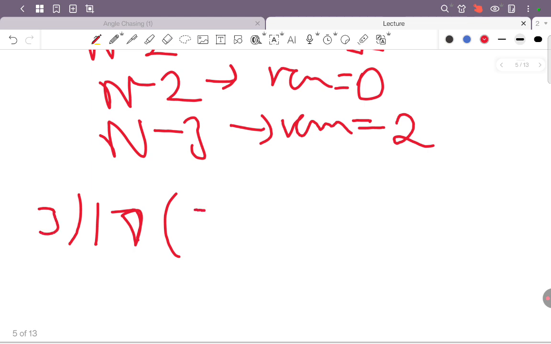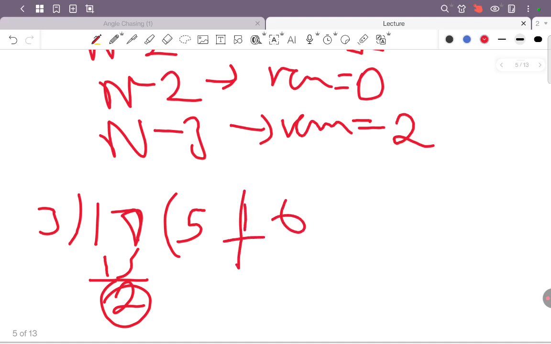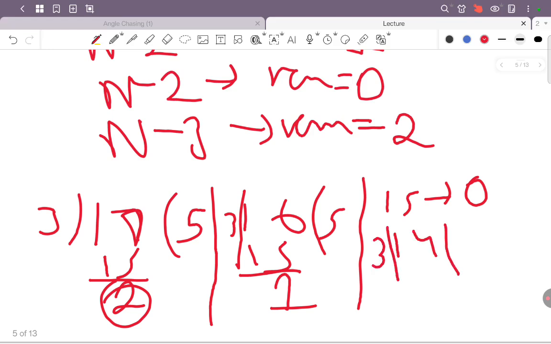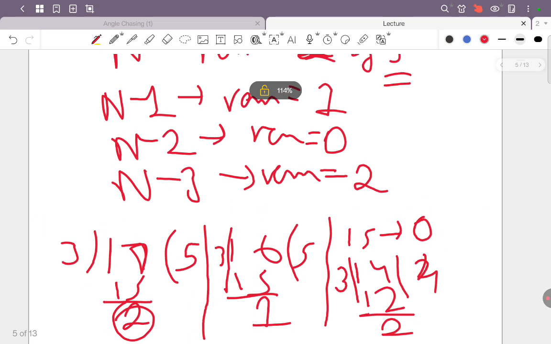If we see 16, what does 16 give in remainder? 16 will give 1, and again 15 will give 0. What will 14 give? 14 will give remainder 2. Okay, so you got that.